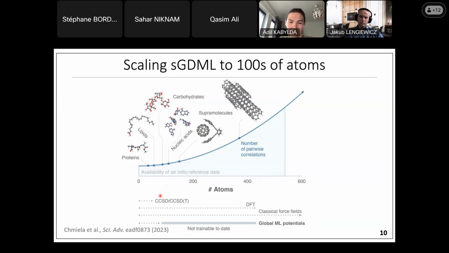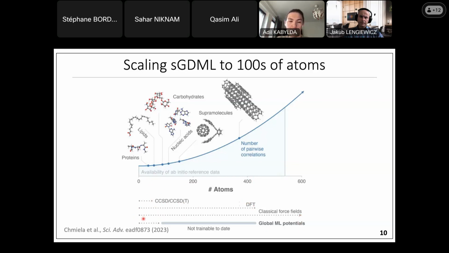If you want to model it with the gold standard level of theory from quantum chemistry, you can do this up to 20 atoms or so. With density functional theory, you can go up to 400, 500, maybe 1,000 atoms. Classical force fields, of course, go much, much further than that.